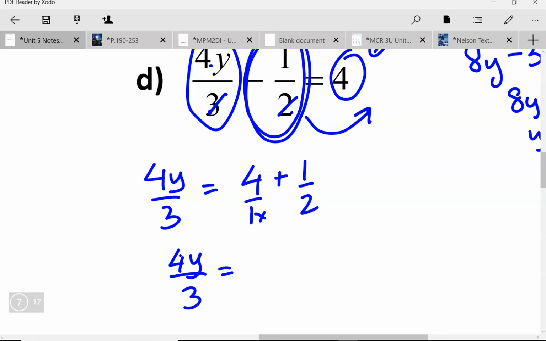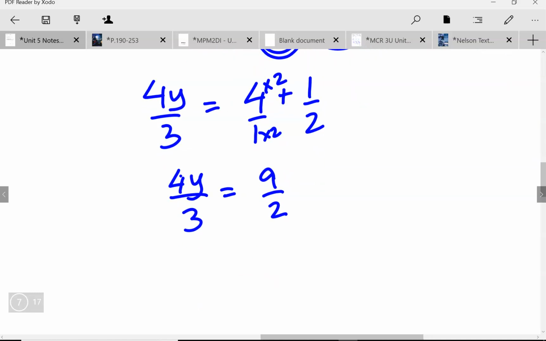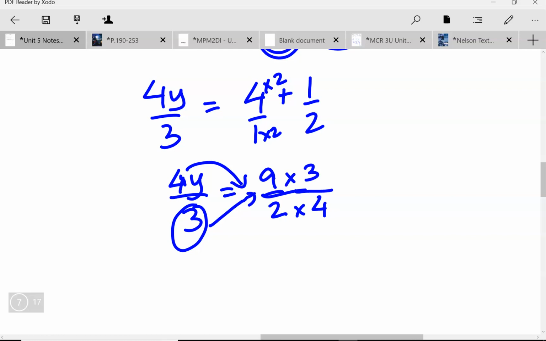Take the common denominator, times 2 times 2: 8 plus 1 is 9 over 2. And then again, you're breaking up a term here, so you have to do a numerator-denominator flip. 4 is in the numerator, I'm going to move it to the denominator. 3 is in the denominator, I'm going to move that to the numerator on the other side, because it's a multiplication-division flip. And this is 27 divided by 8.